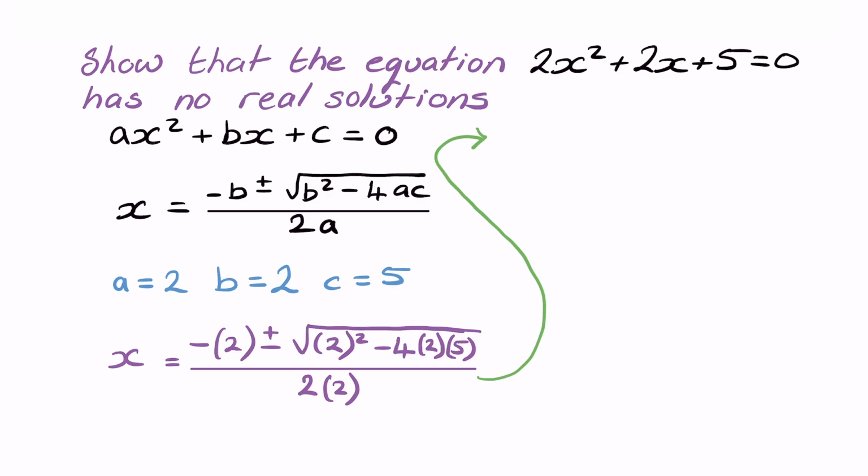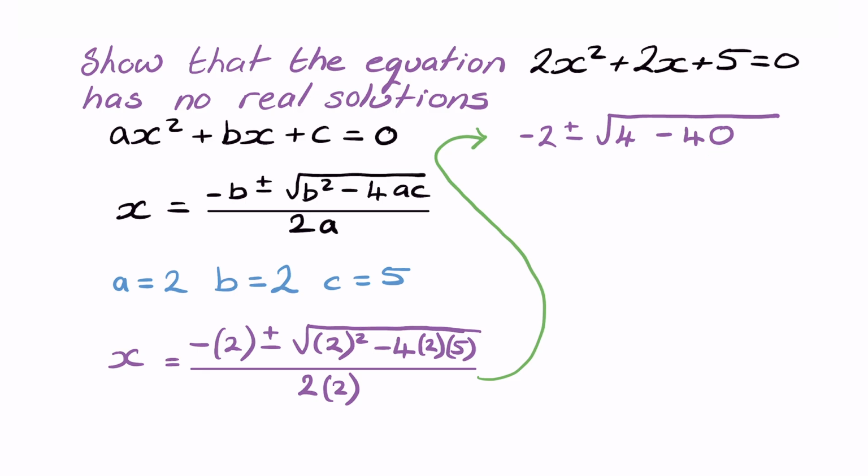Take this up there, we have negative 2 plus or minus the square root of, now 2 squared is 4, minus 4 times 2 gives us negative 8, and then negative 8 times 5 is negative 40. So there we are, we can already see it. The discriminant is going to be negative 36, so that would mean we can't go any further.